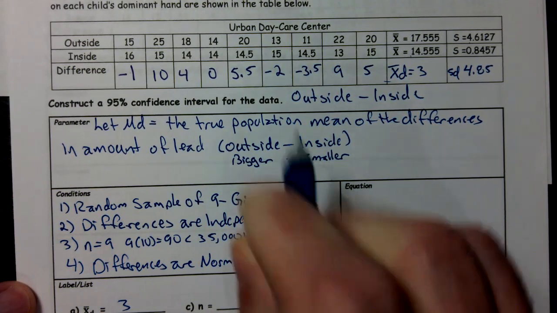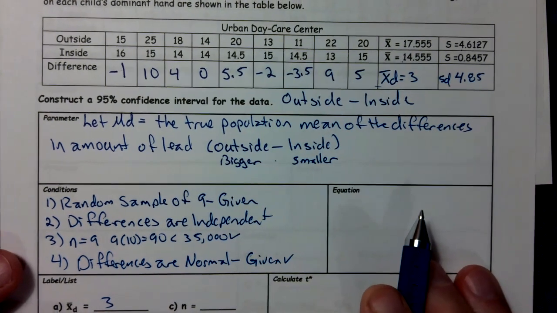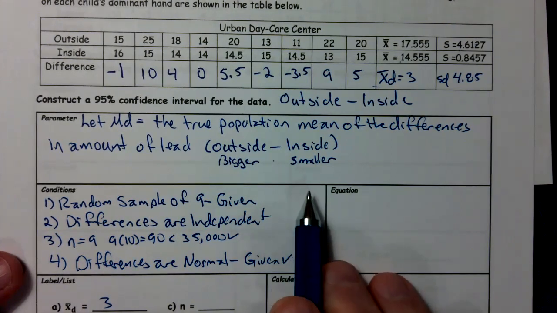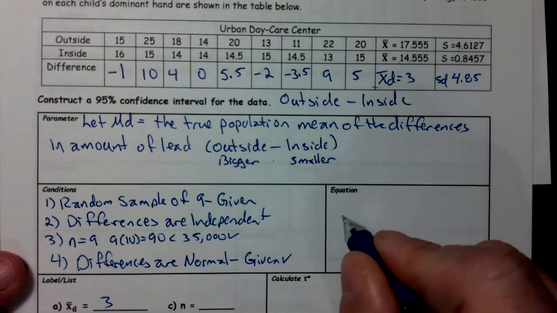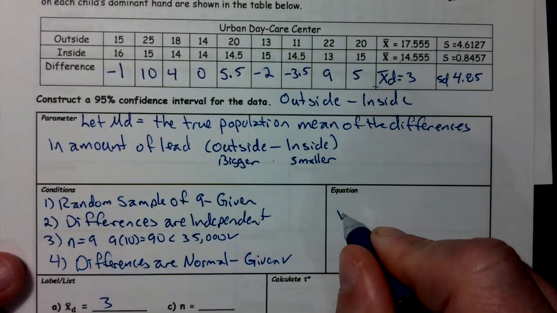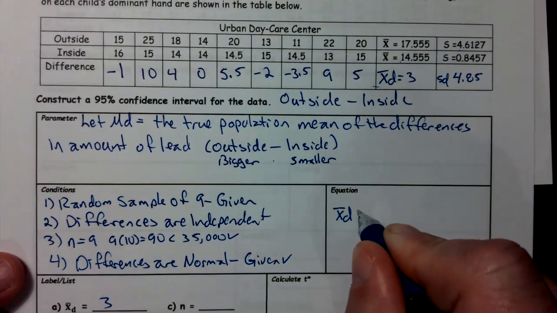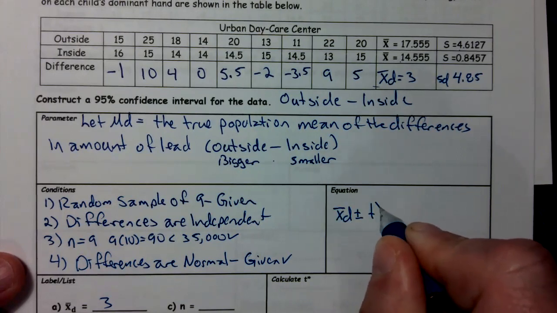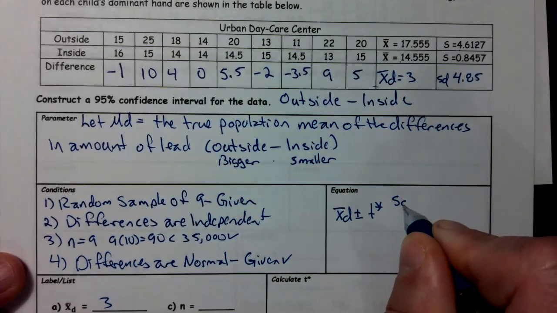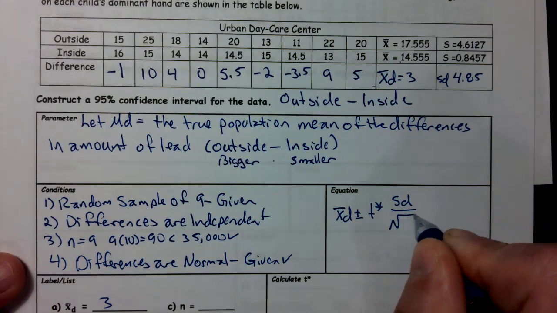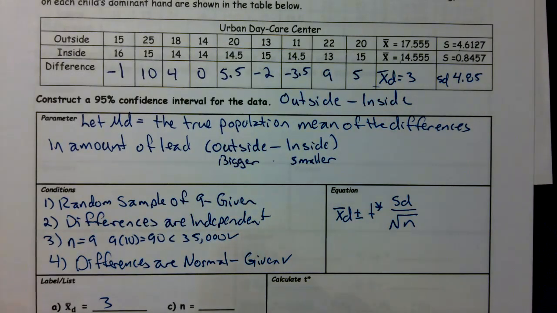Differences are normal, so we just added that in because it needs to be there, because our sample size isn't large enough. Okay, we need our equation, which is just x bar d plus or minus t star times sd divided by the square root of n. They wanted us to run a 95% interval, so that's 0.95.